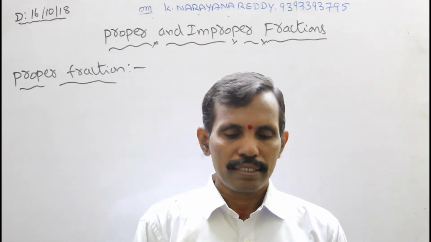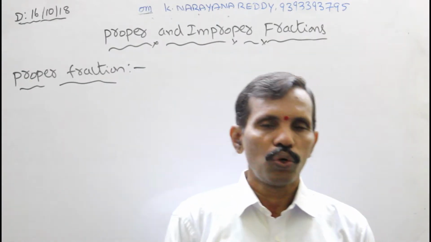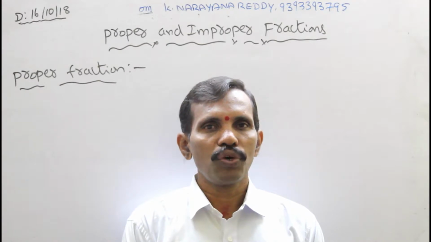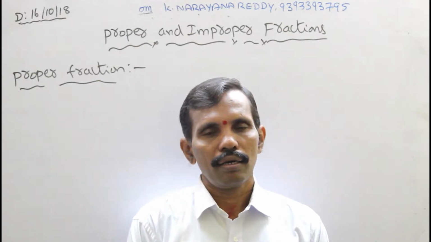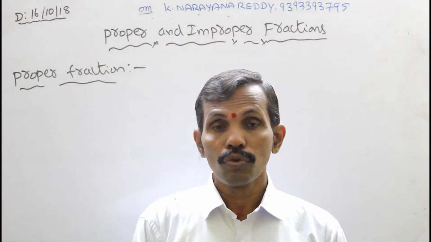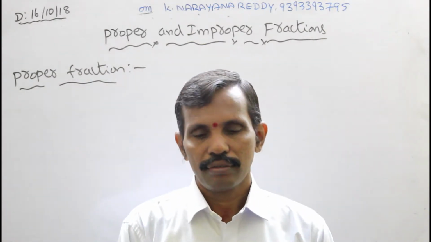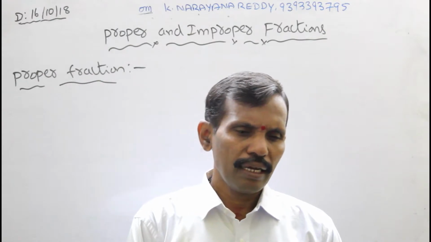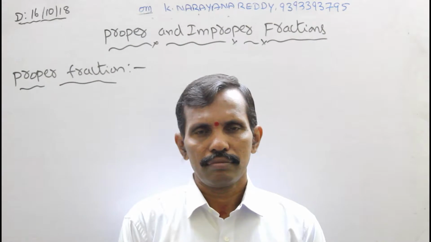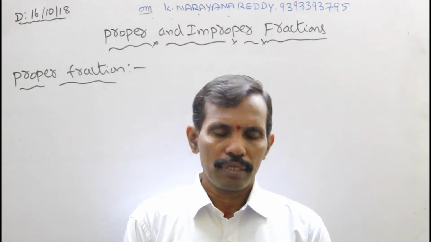If two polynomials P and Q can be expressed in the form of P by Q, that is called a fraction. Those functions are polynomials, but in general we can call it P by Q. 2 by 3 is a fraction; 2 and 3 are real numbers.